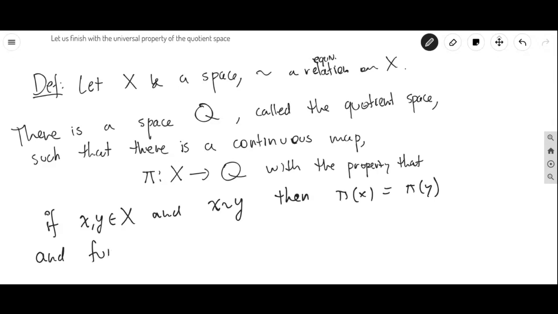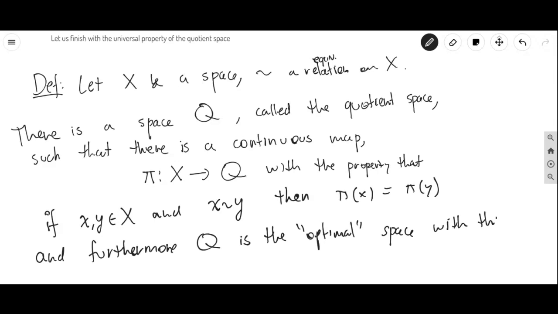And furthermore, Q is the optimal space with this property. So what does that mean?